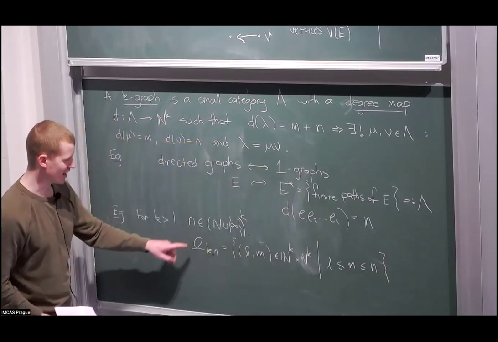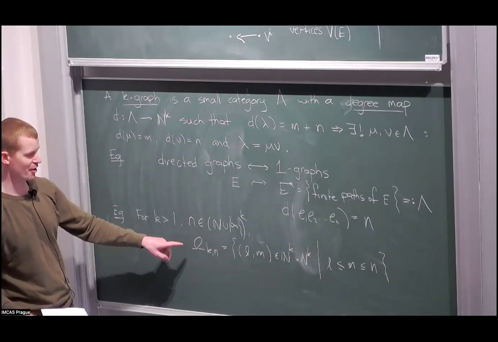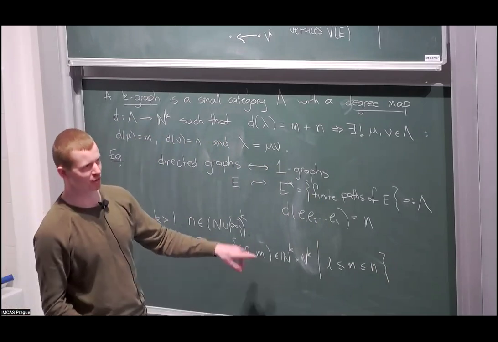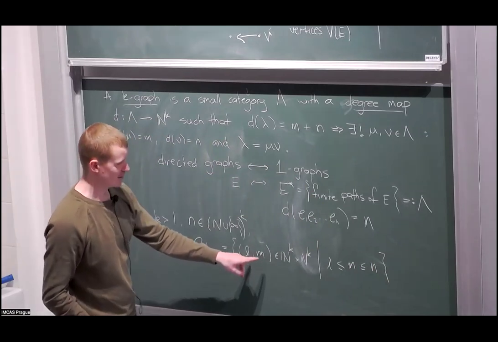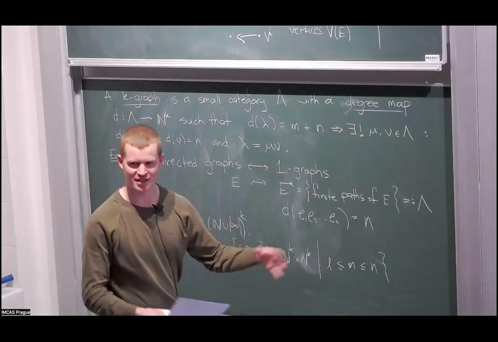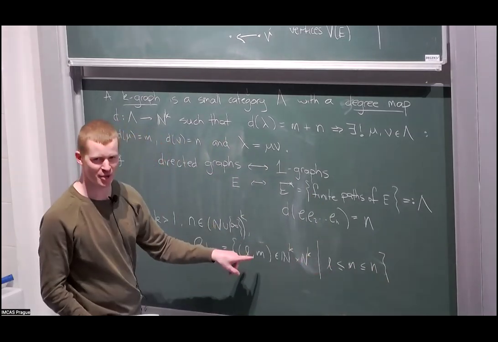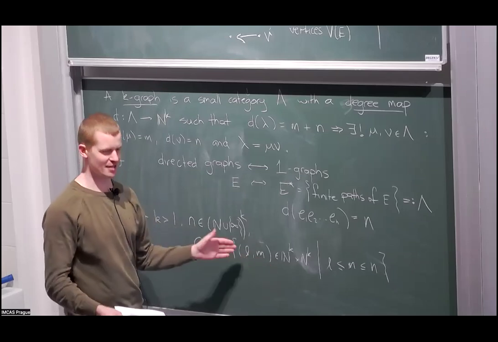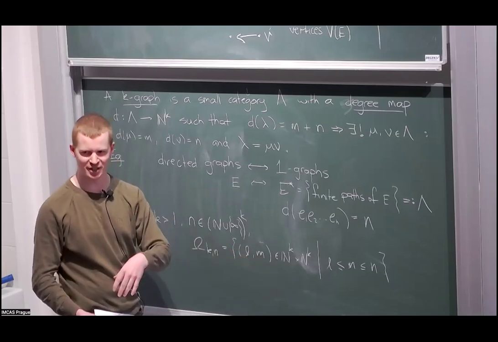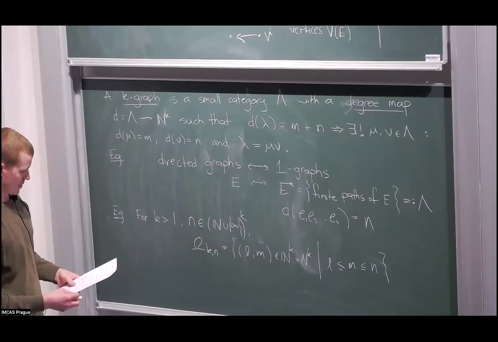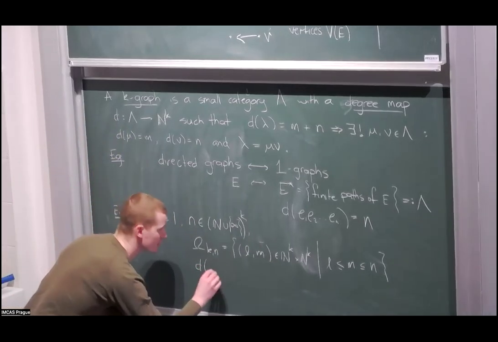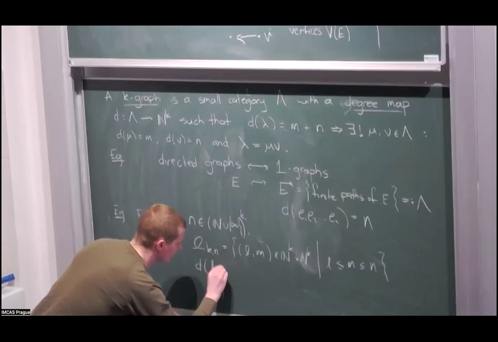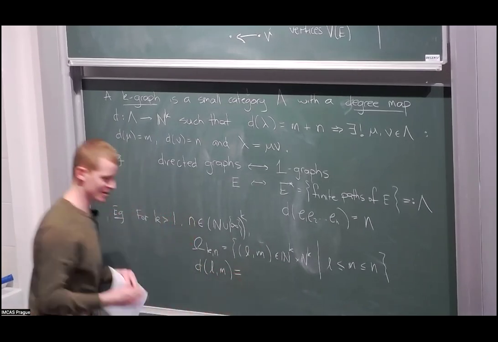And this omega k n is going to be a k-graph if I use my equivalence relation groupoid-like composition, where I say, well, a partial order is a transitive relation. So if I see (L, M), (M, N), then I just ignore the M in the middle and I go straight from L to N. And the degree map here, the degree of (L, M) is just the difference.